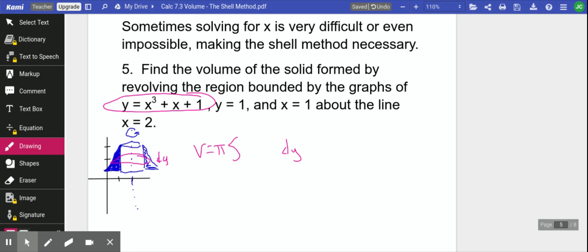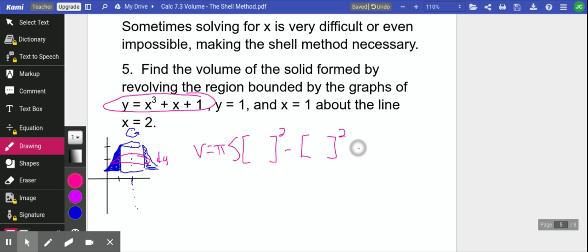And there is no way to do that because we would need to plug that in somehow for the radius. Well, we would need inner radius and outer radius, which I didn't put in there. So we would have to do inner radius squared, outer radius squared. But anyway, for this outer radius, we would have to be able to solve that for x, which we just can't do. So disk method is impossible.